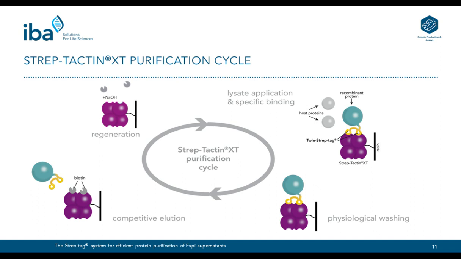And after you load your sample on a chromatography column, you wash away the impurities, and then again you have this mild elution by adding biotin instead of desthiobiotin, because the binding affinity for biotin and desthiobiotin of Strep-Tactin XT is reduced compared to Strep-Tactin, and therefore we need to use biotin, which will block Strep-Tactin columns irreversibly. Strep-Tactin XT columns can be regenerated after the biotin bound to the biotin binding pocket of Strep-Tactin XT by just adding NaOH, and then you can use the resin for a new purification round.